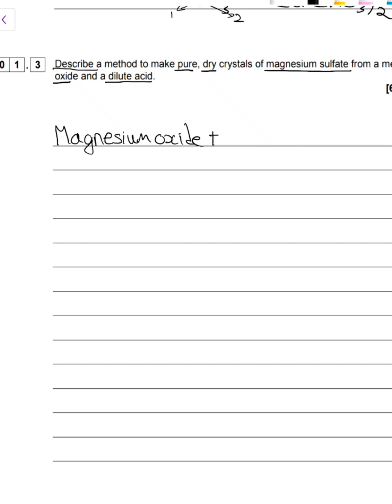We need an acid with a sulfate, an acid with an S. It's sulfuric acid. Let's use the American spelling. Goes to magnesium sulfate, which is what we want, plus water.